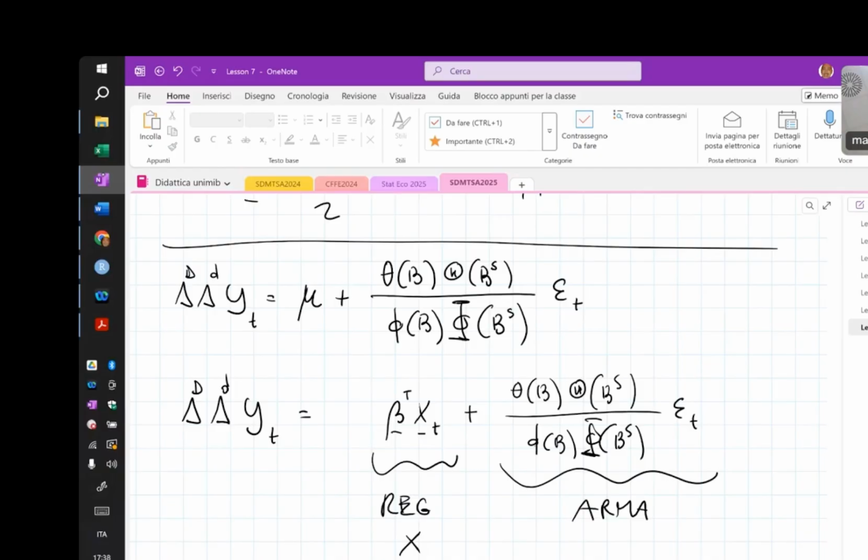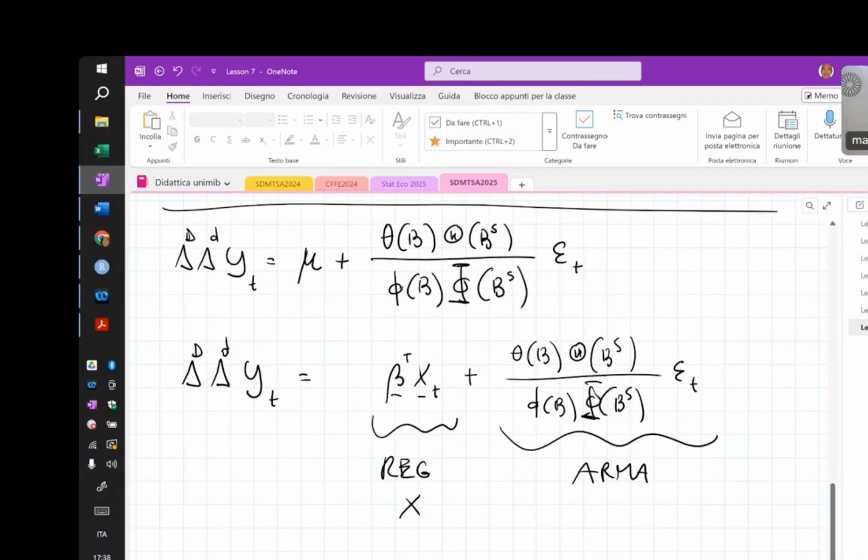If I don't want the interpretation of the mean or the regressors to change when I take the differences, then I have to apply the same transformations to the regressors, okay? And that's what R and Python do. So they apply the same differences here. Well, actually, they apply it to the X, of course. So I can write it this way.